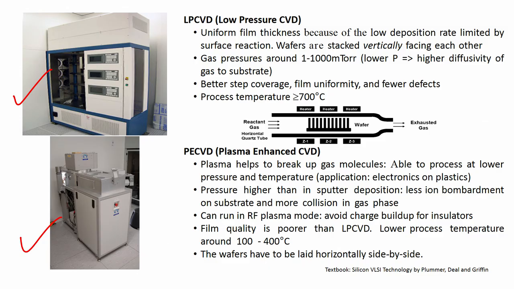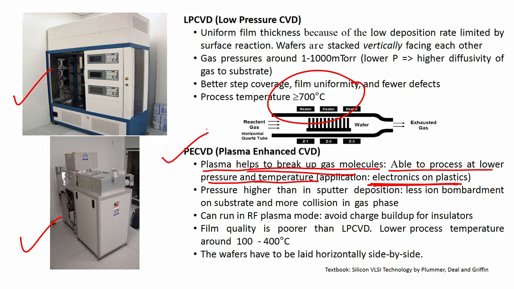So, in PECVD, plasma helps to break up gas molecules, and we are able to process at low temperature and pressure, and that is why the application is electronics on plastic. Why? Because if I use plastic at 700 degrees centigrade or more, what will happen? Correct, it will burn. But if I want flexible electronics and an insulating film, then I can use plasma enhanced chemical vapor deposition, right.